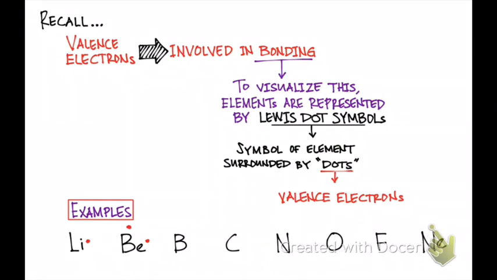Boron is group 3, so 3 valence electrons. Carbon is in group 4, 4 valence electrons. Nitrogen 5, oxygen 6, fluorine 7, and neon is in group 8, so it has 8 valence electrons. So this is how you write the Lewis dot symbols for elements in the periodic table.